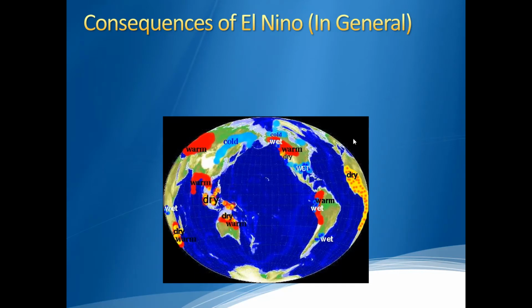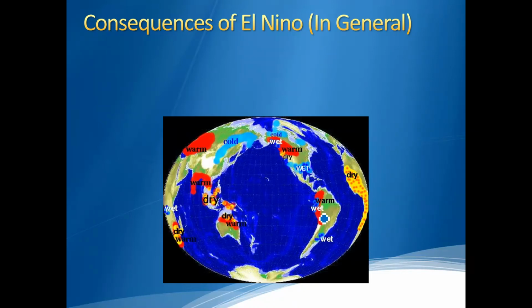Here are some of them. While we're over here nice and wet, usually a little bit cooler than average, over here in the Western Pacific it's a lot warmer and a lot drier. Meanwhile, places in the Pacific Northwest tend to be a lot drier as well. Places along Alaska tend to be a lot wetter. Interior Siberia and East Asia become a lot colder.